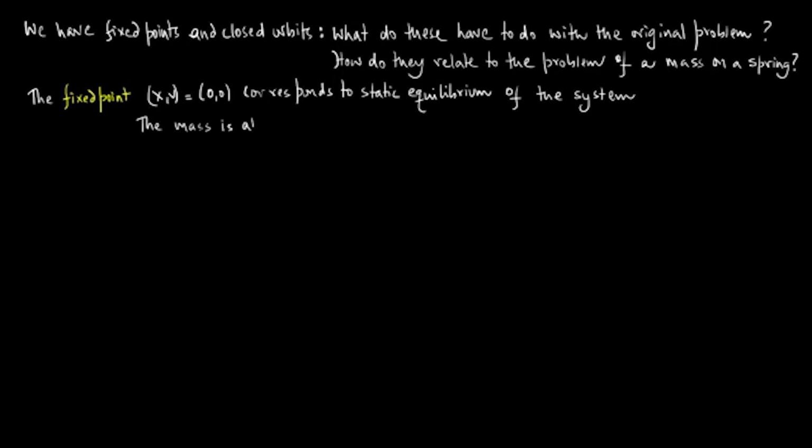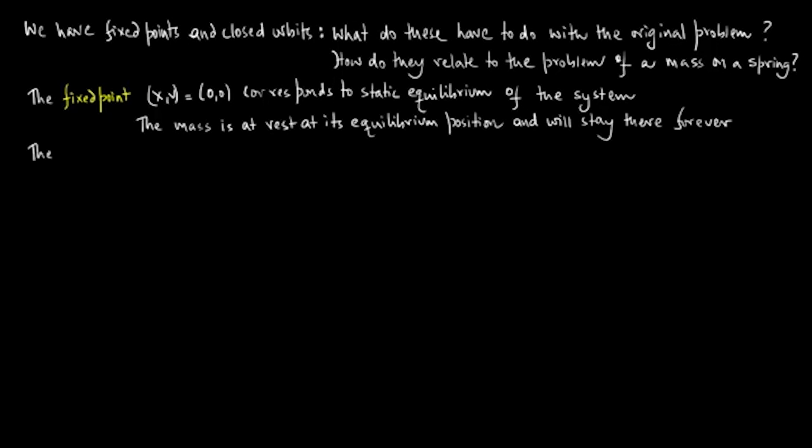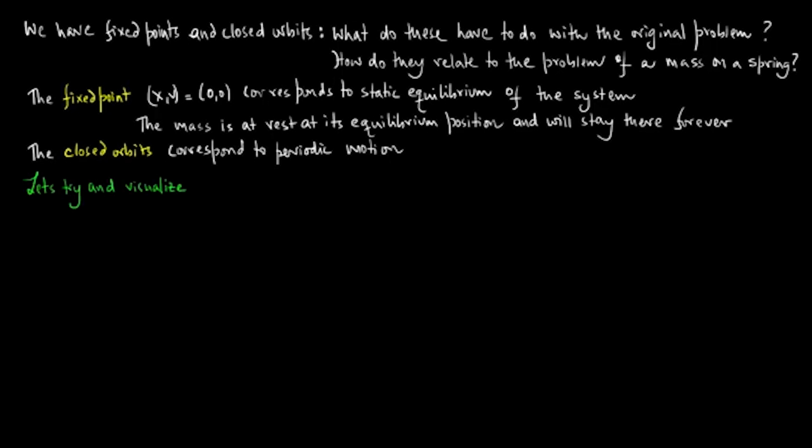The mass is at rest at its equilibrium position and will stay there forever. The closed orbits correspond to periodic motion. Let's try and visualize the dynamics.